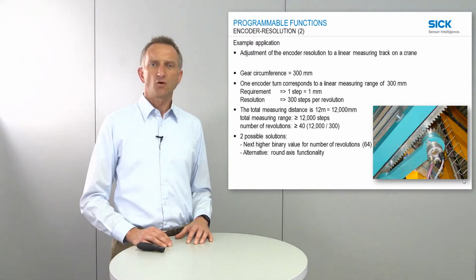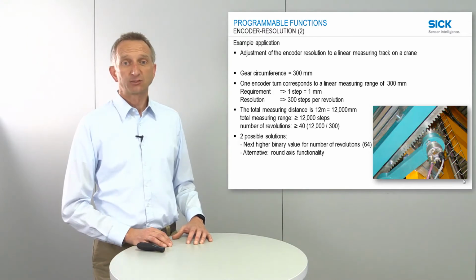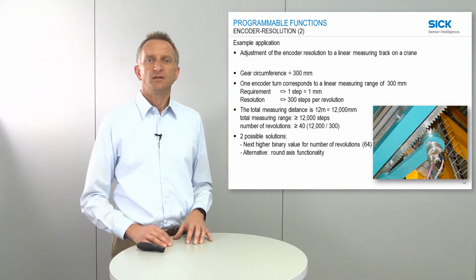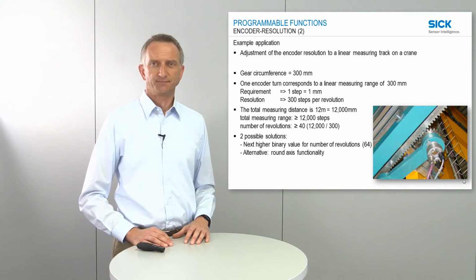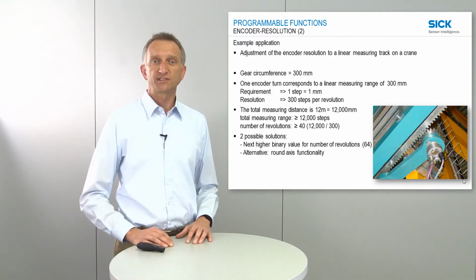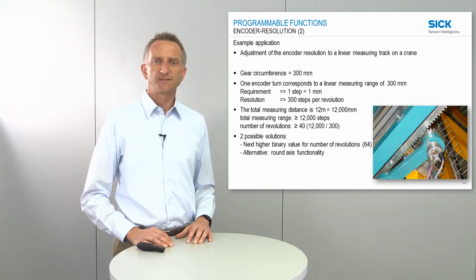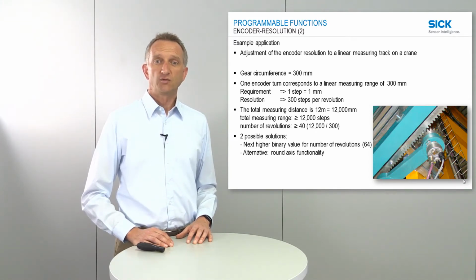Now the linear track all in all has a length of 12 meters. So this means our total measuring distance is 12,000 millimeters, equaling a total measuring range of 12,000 steps. How many revolutions are needed? In order to calculate this, we divide the 12,000 by 300, and this comes to a result of 40 revolutions.